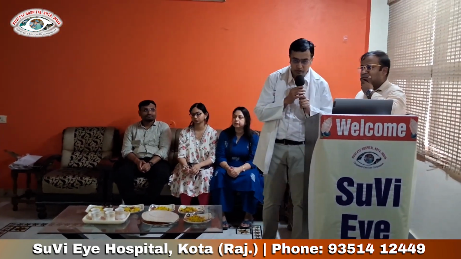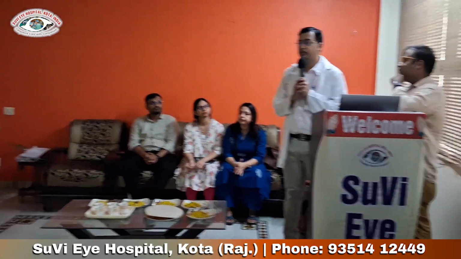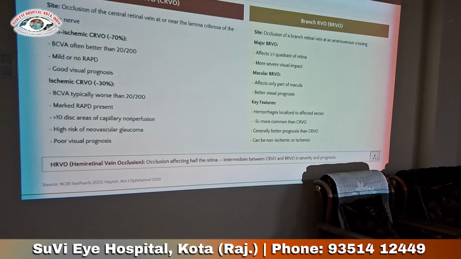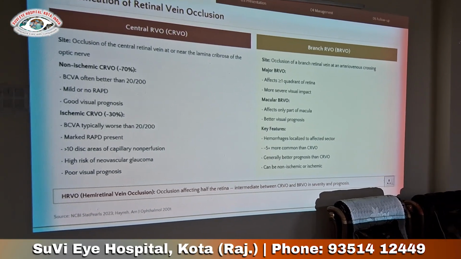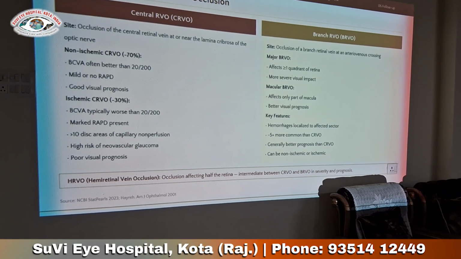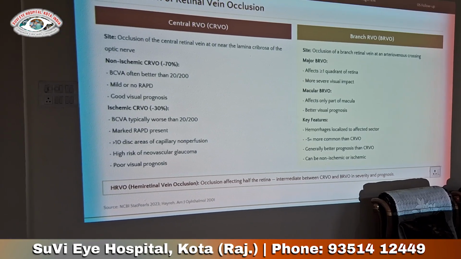So till now Dr. Anuj has mentioned the radiology and the types of vein occlusion. Dr. Anuj said that vein occlusion is the second most common retinal vascular cause. So which is the first cause? Diabetes. Yeah, diabetes is the first cause.